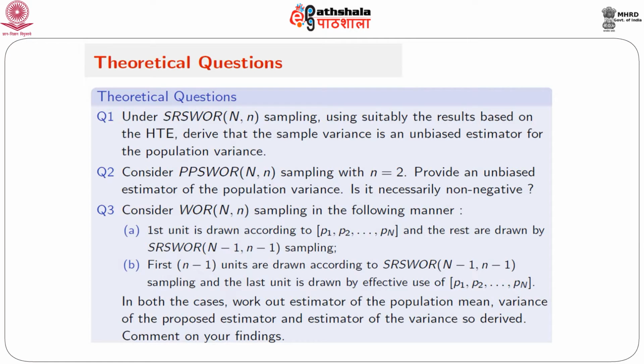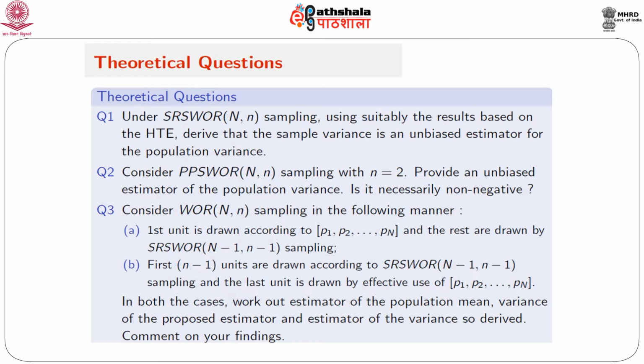Now, we will take up some questions and MCQs. We have altogether 3 questions here. Let me read out. Under simple random sampling without replacement sampling design, population size capital N, sample size small n, standard notation, using suitably the results based on the Horvitz-Thompson estimator, derive that the sample variance is an unbiased estimator for the population variance.